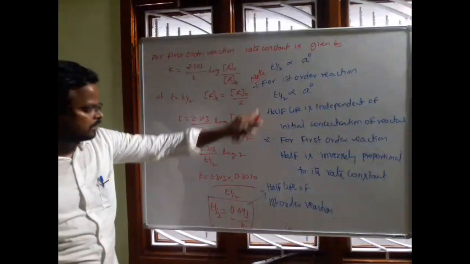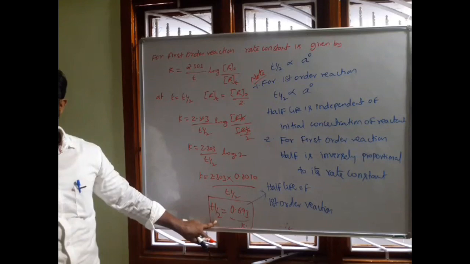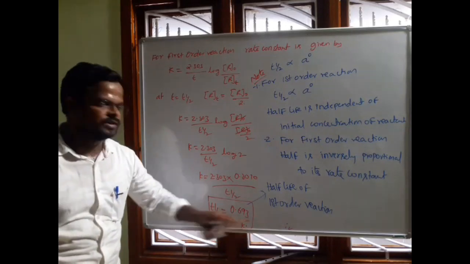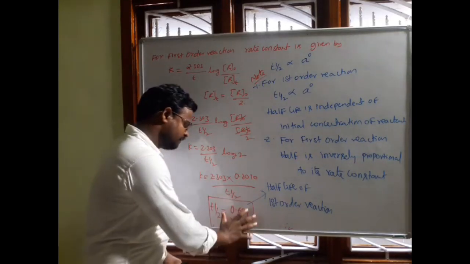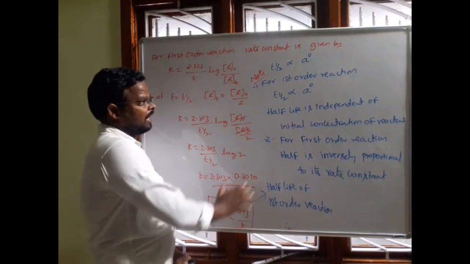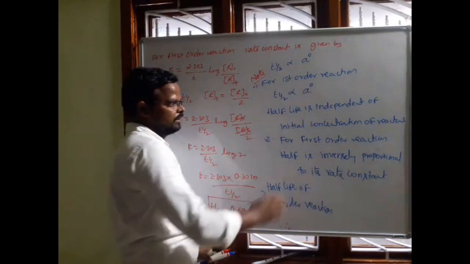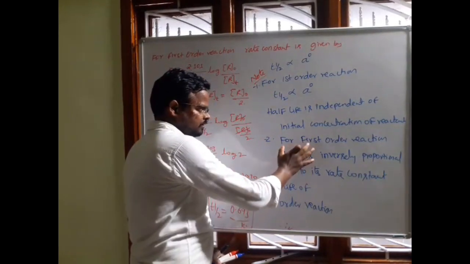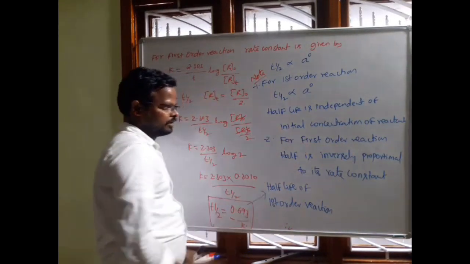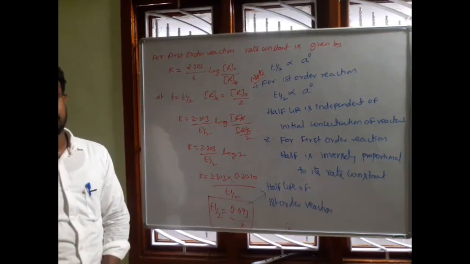So these 2 points are extracted from the half-life equation of a first order reaction. Its half-life is independent of its initial concentration of reactant, and the other one is that for first order reaction, half-life is inversely proportional to its rate constant.